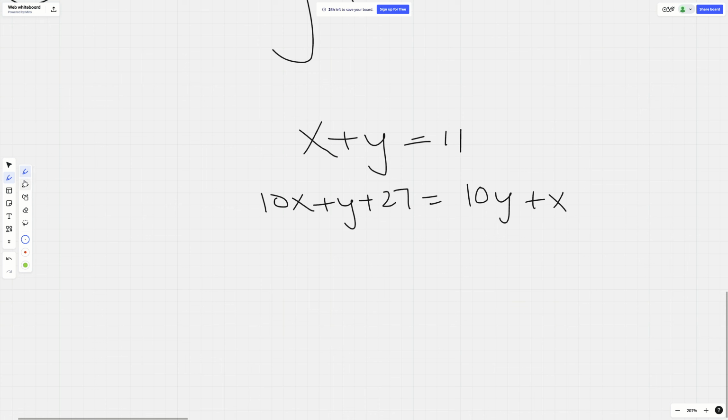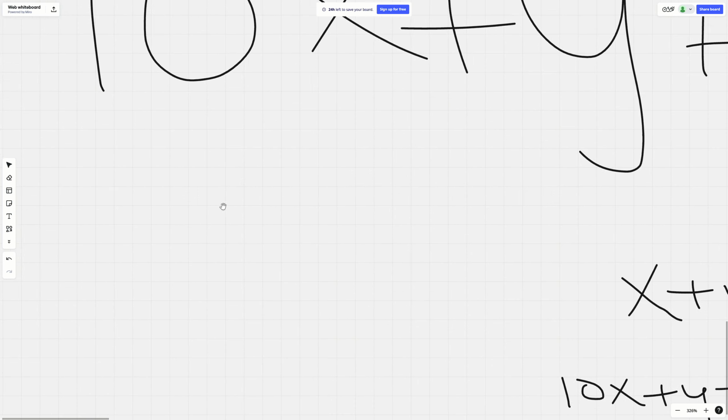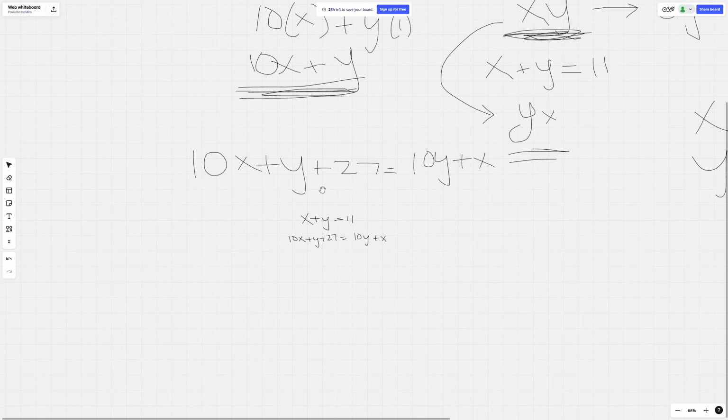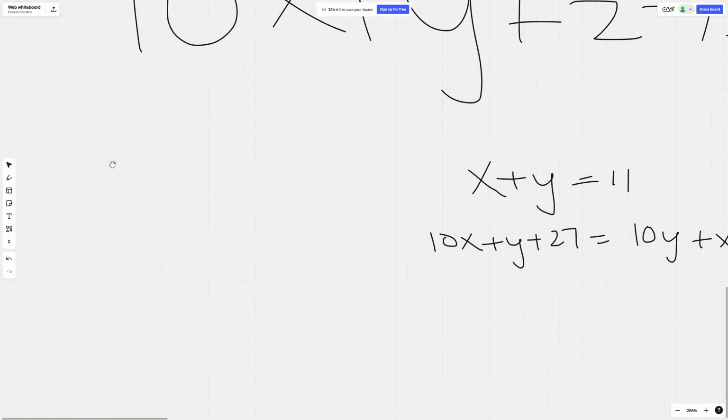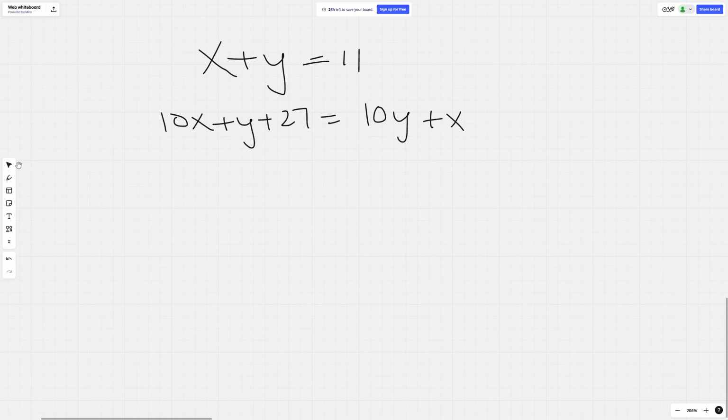And again, we simply got that from reversing the digits and simulating those different operations, as we saw right here. Right, 10x plus y plus that extra 27 would then equal the value numerically of our reversed two-digit integer. Now that we have those two equations, we can very simply use all that information to solve for x and y, because as you can very clearly see here, we now have two equations for two unique variables, right? And that's a very straightforward process to solve.